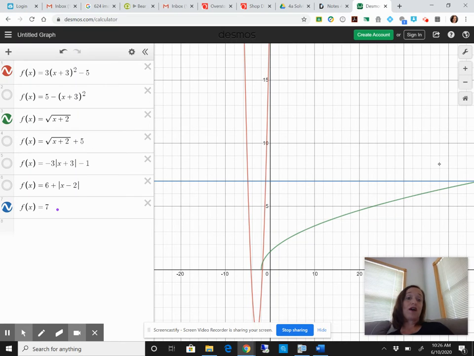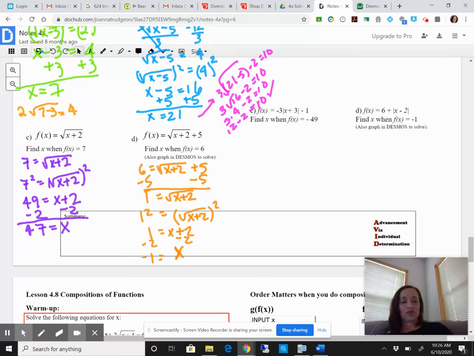So for a given y value, like 7 in this last one, there would be 2 different places where it would cross. So that is why you could have 2 answers for a parabola, but you wouldn't have 2 answers for a square root function. Moving along, we are going to go to absolute value functions now.